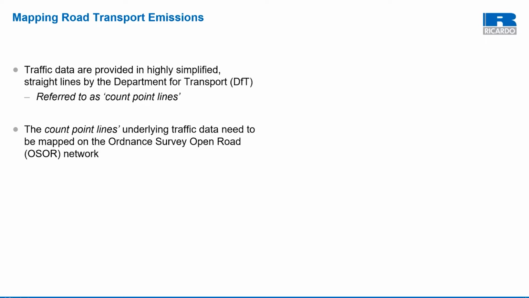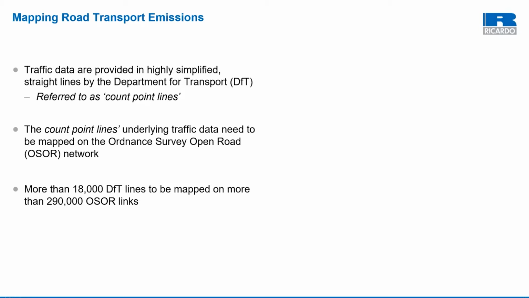So the core task with this workflow is mapping the underlying traffic data of these lines to the Ordnance Survey Open Road Network, which is the most representative road network in the UK.